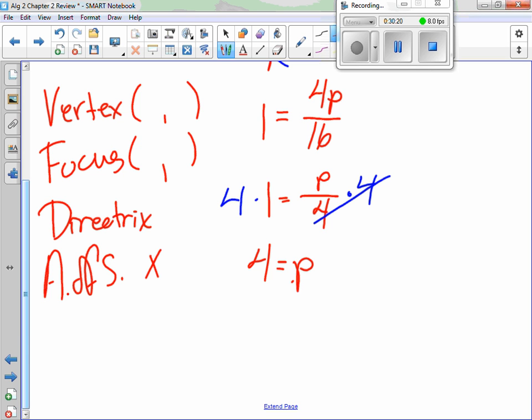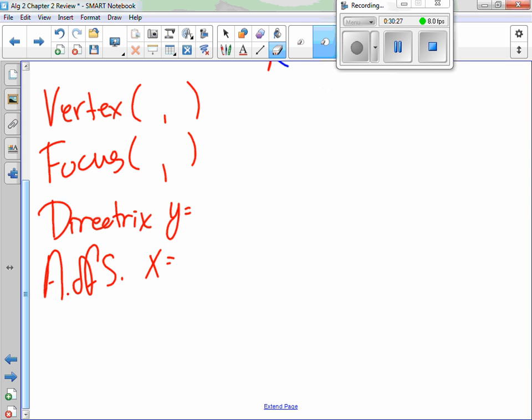Since here we have y equals, so we'll have x, y. This is here. Because we had 3, 1, 4.